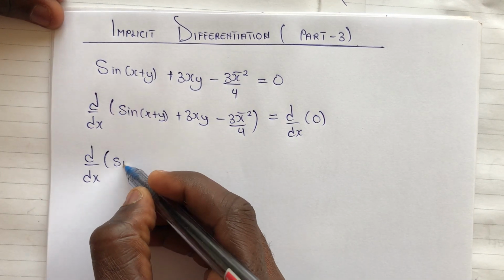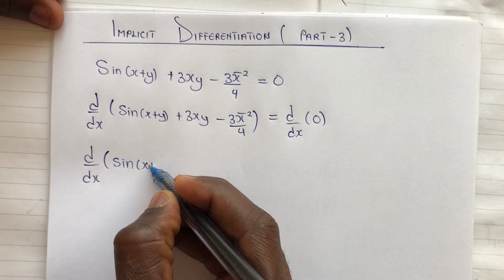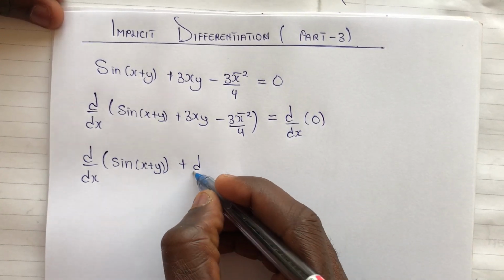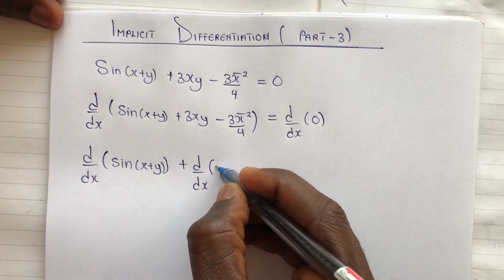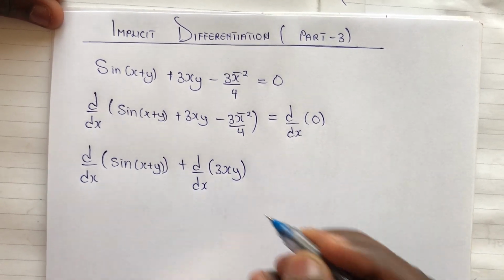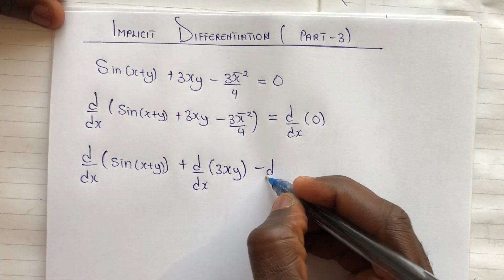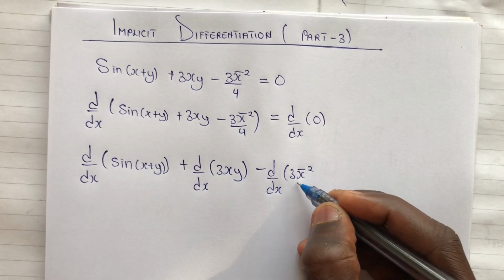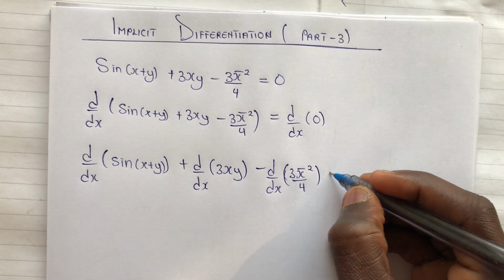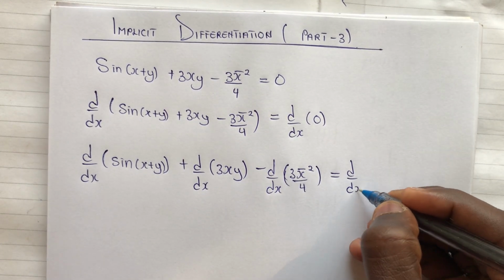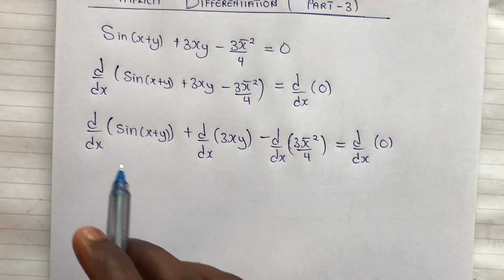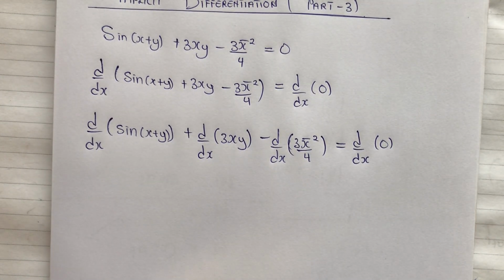So d/dx of sin(x + y), plus d/dx of 3xy, then minus d/dx of 3π²/4, then equal to d/dx of 0. In the next step, we differentiate each term one by one.